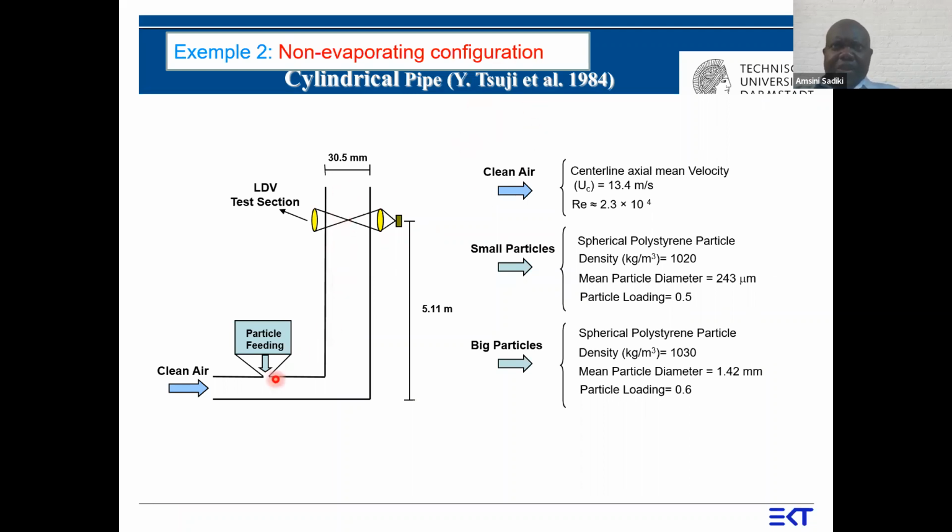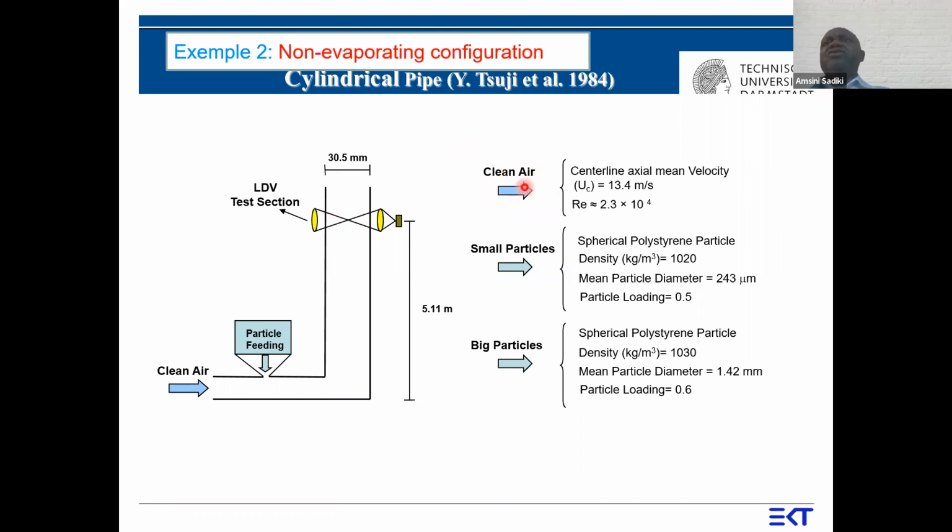They carry out this experiment with clean air, and here the particles are fed, and we can measure here the turbulent kinetic energy and also the velocity. For three groups of particles, the first one is the clean air.